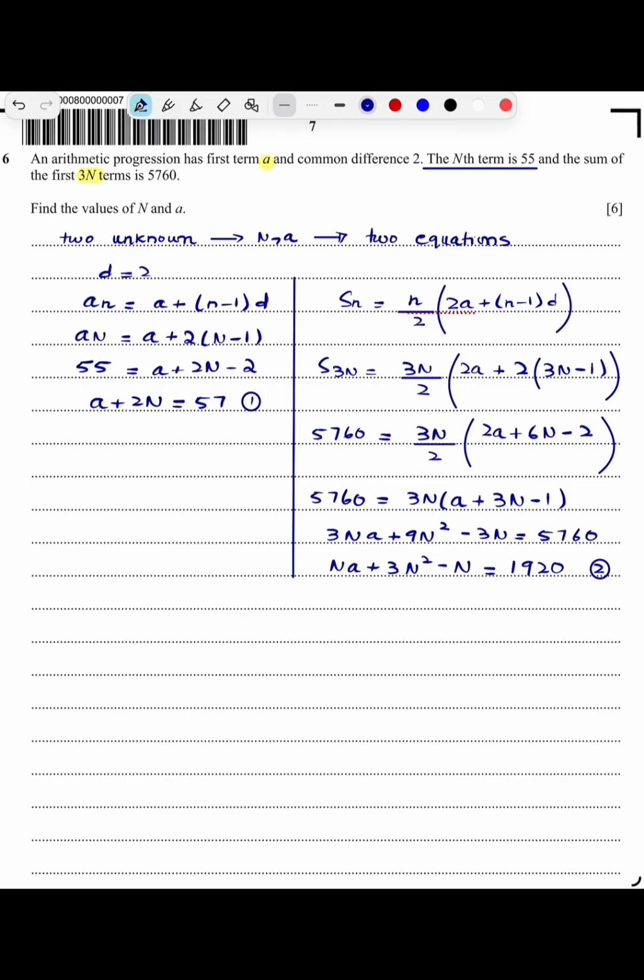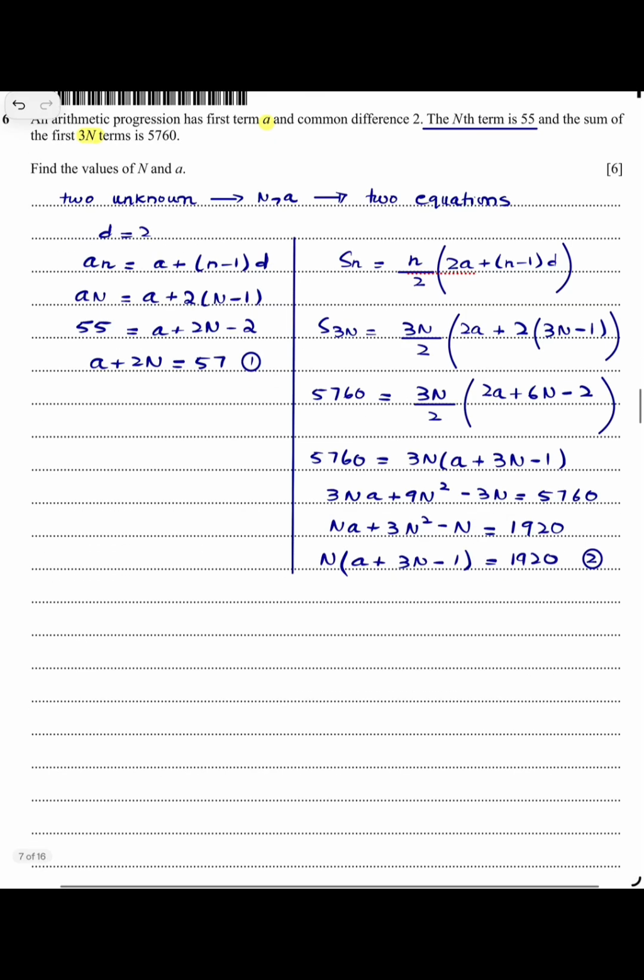Now let's simplify this a bit. We can take n common. Now let's put, from equation number 1 we have the value of a, which is 57 minus 2n, right?